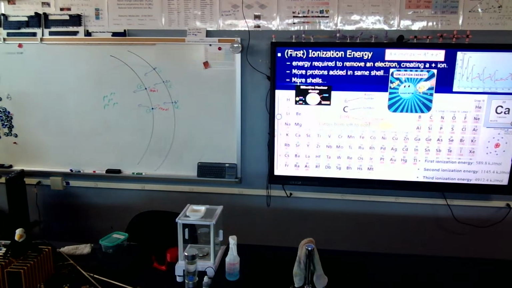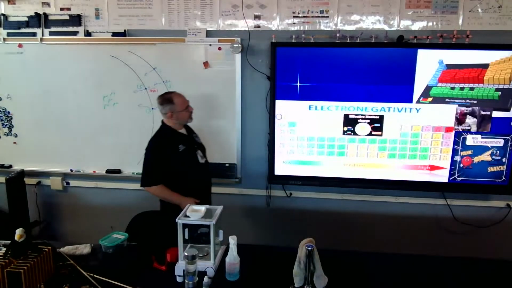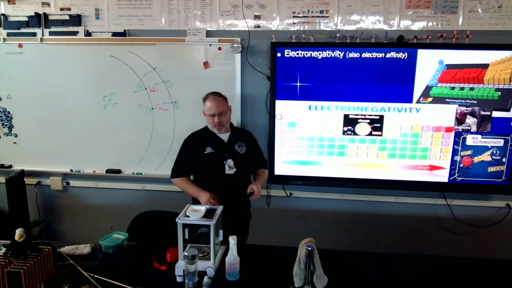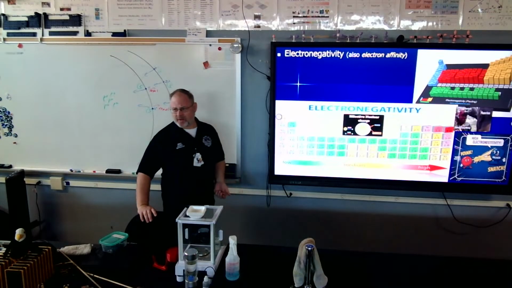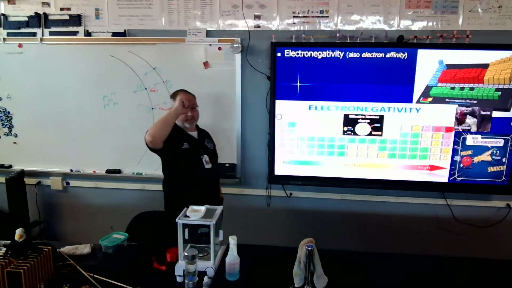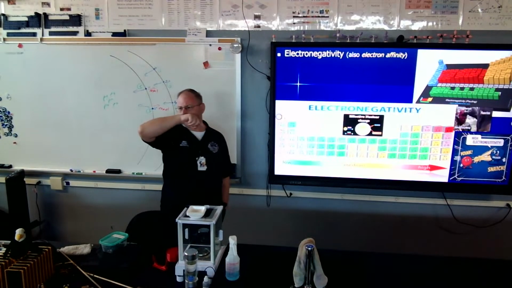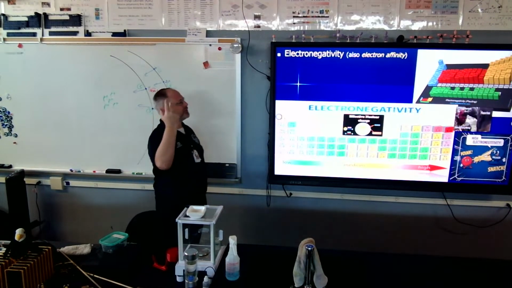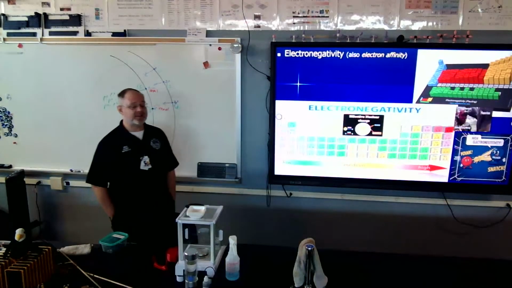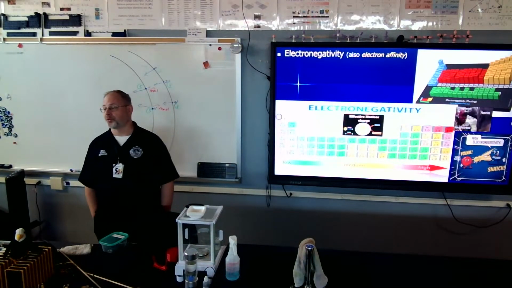Moving on. Okay, electronegativity. So electronegativity has another property that's too similar to teach by itself, called electron affinity. I mentioned this in the middle of last week when we were talking about the halogens. So electron affinity is the tendency or ability to attract electrons.